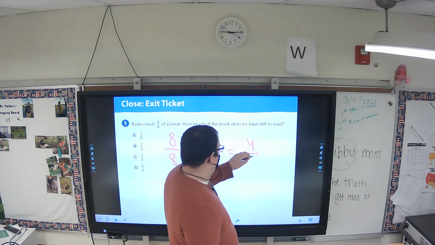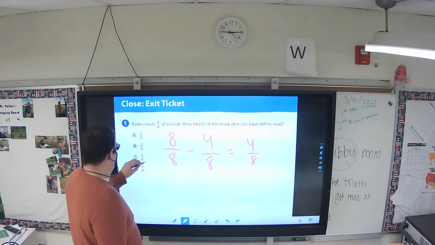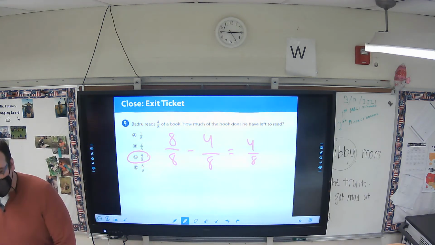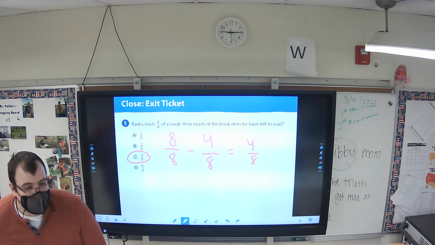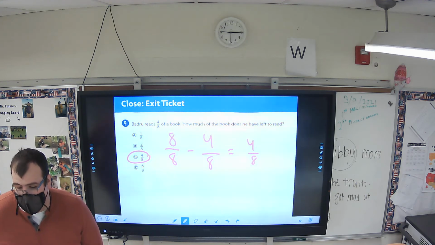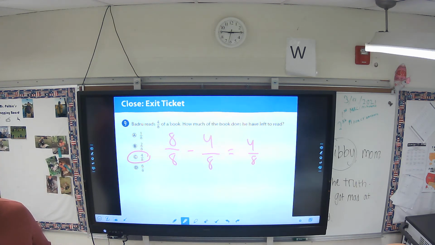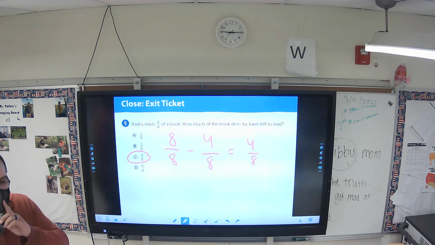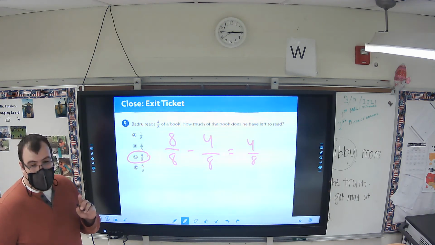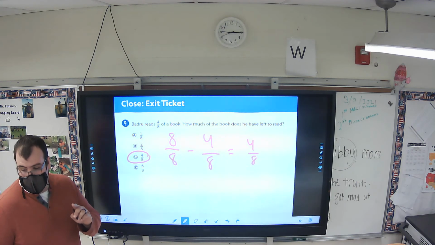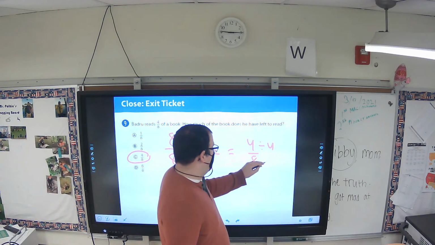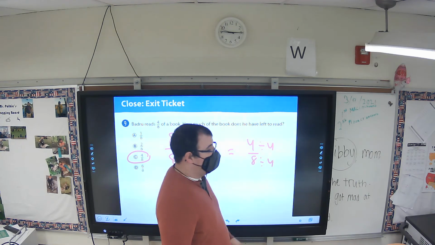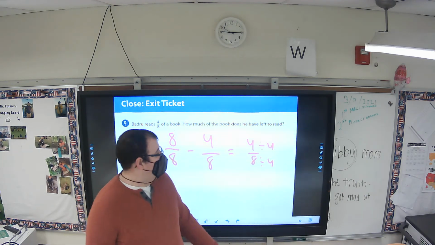4/8. Now, is that an answer up there? Yeah. Now, did they put it in lowest terms? Can we put this one in lowest terms? What's the factor for each one of them? 4 is the factor for each one, right? Can I take a 4 out of each one? Yes. 4 divided by 4 is 1.